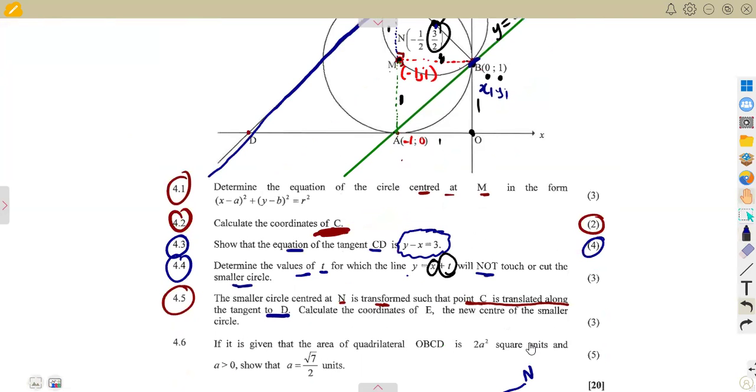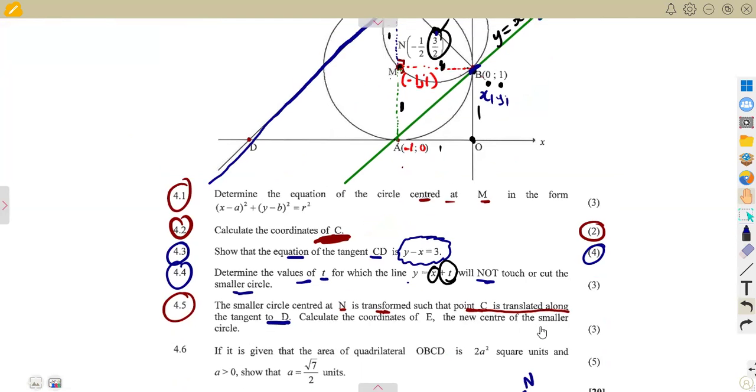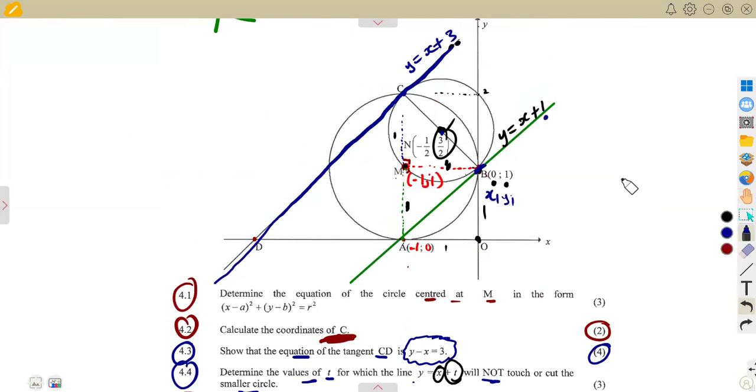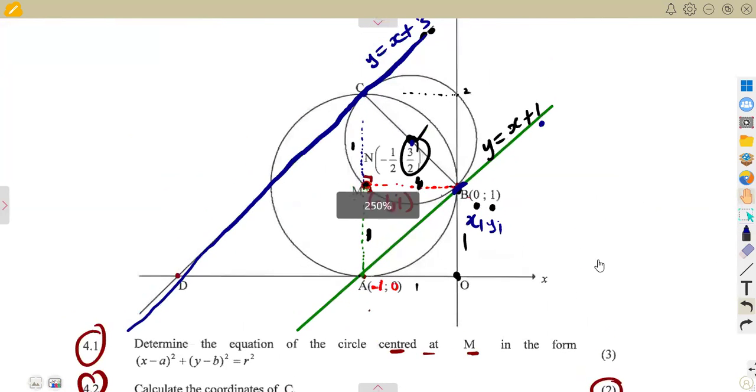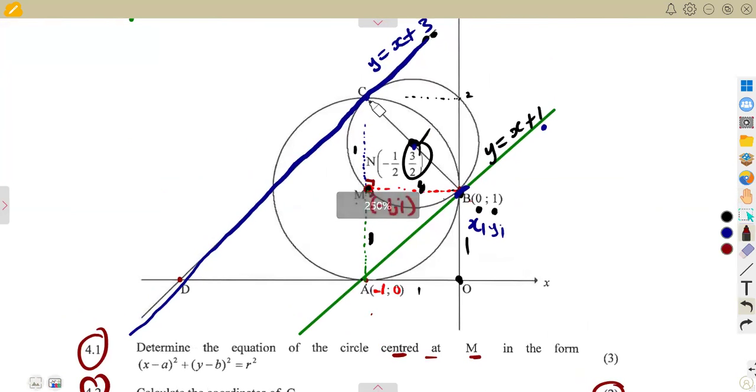That is what they're saying there. Along the tangent to D until it is at point D. So the point C that we are seeing here, on the smaller circle, is our original point. And D is the image, because it has been transformed. So it is the image of C, which is at D.